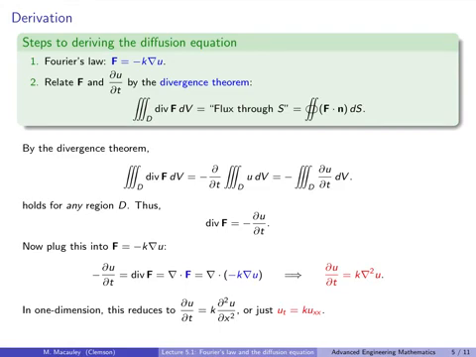Finally, it's worth mentioning that in this derivation of the diffusion equation, we were assuming that there was uniformity to the medium that the quantity was diffusing through. For example, if it was through air or through water, then we were assuming that the diffusion coefficients are constant throughout.